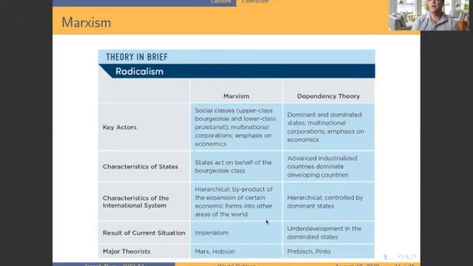This is because, of course, after the Soviet Union fell, Marxism was dismissed as an alternative to anything in the Western system. More recently, Marxism has started to reemerge as a theory of itself to explain international relations.